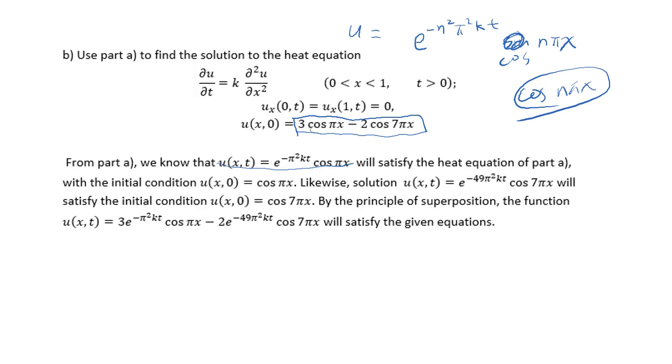Well, I know that for this to appear, we need this to be 1, right? Because it's cosine 1 pi x. And for cosine 7 pi x to appear, you need this to be 7. So 7 squared is 49, 7 pi x, that's what you need.